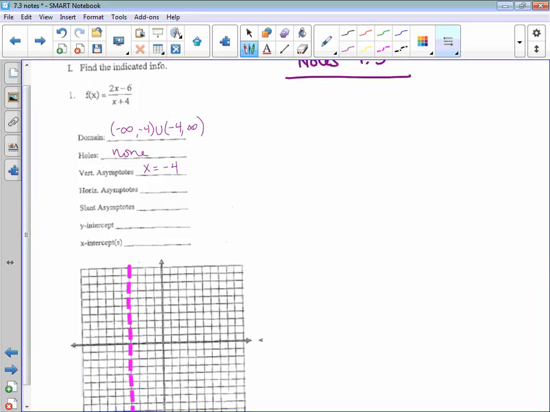Horizontal asymptotes. So let's talk about those a little. This is the whole top heavy, bottom heavy, or equal. We've talked about it a little bit. When it is top heavy, first, what am I talking about when I say top heavy? The degree. If it's top heavy, we have a slant asymptote.